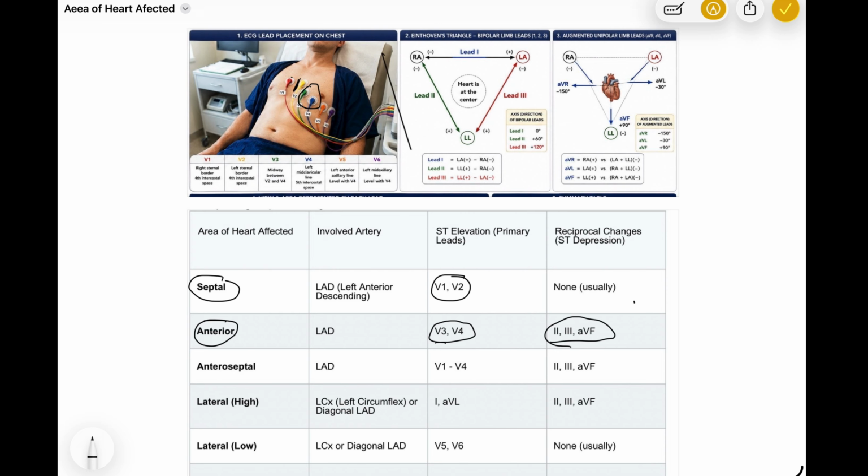Now what if we combine both septal and anterior wall MI? So anteroseptal. For anteroseptal, it will be ST elevation in both of these, right? So V1 to V4, we are going to see ST elevation in case of anteroseptal MI. And the reciprocal changes we are going to get in 2, 3 and AVF.